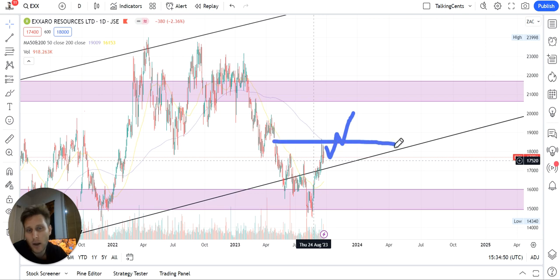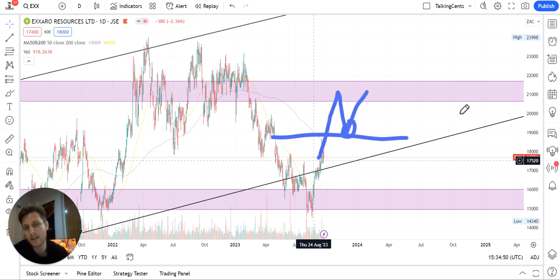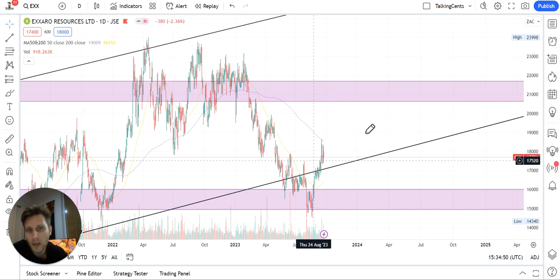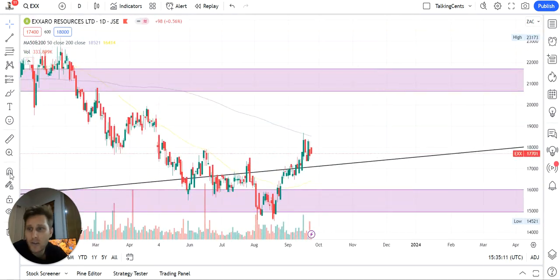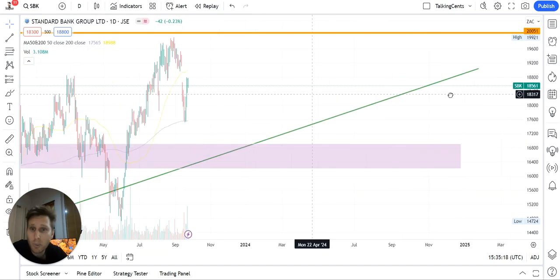So if it broke out of that 200-day, I would want to see a structure like this. Resistance line, breakout, retest. At the retest is where I'm going to buy. But for now, it's hit its head on that 200-day moving average, which is acting as a resistance. Remember, whereas Standard Bank was acting as a support.